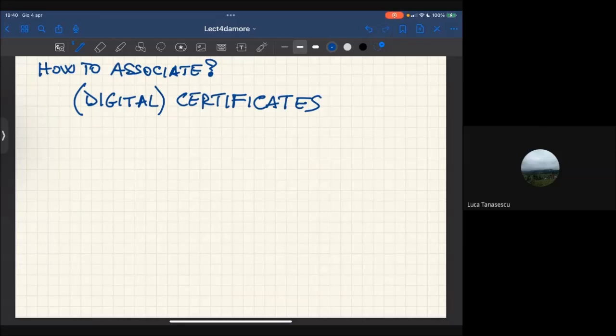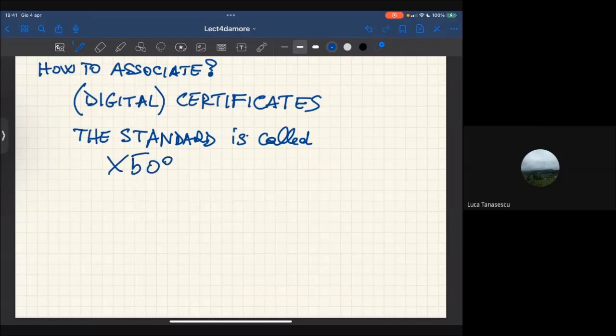And the standard that is saying how to do this association is called X509. Today we have a version 3. So it is very typical that people will say, what is your X509 certificate?